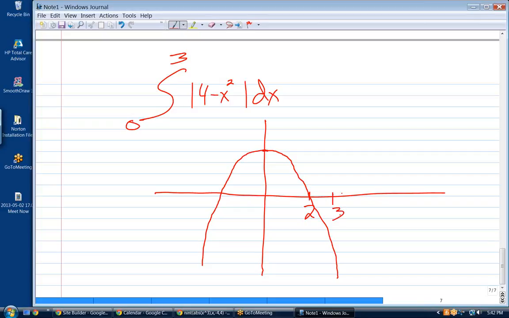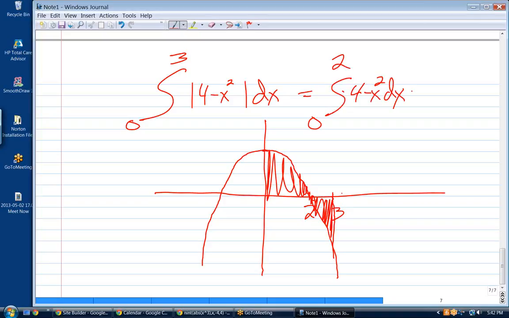So, in other words, they want this plus this. The way to do this is to go the integral from 0 to 2 of just 4 minus x squared.